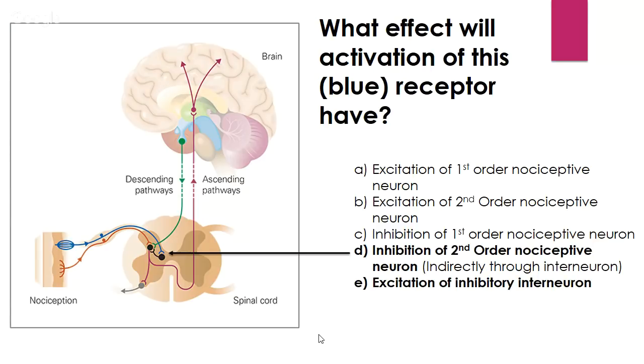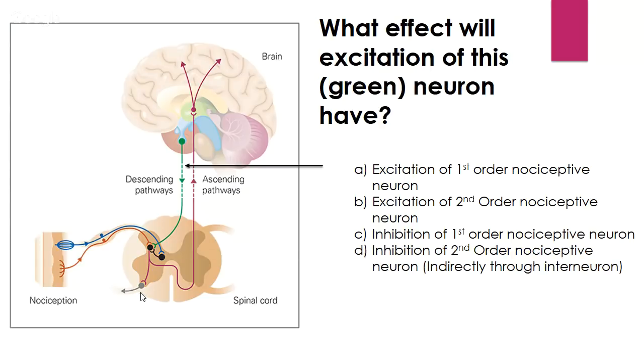No, it's actually D and E. So what happens is when you activate this, you activate the inhibitory interneuron, which then also inhibits the second order nociceptive neuron. Good effort. C? Yeah, well done.